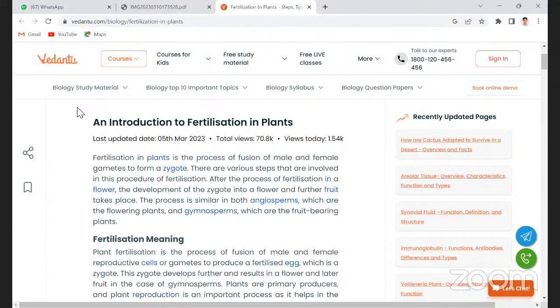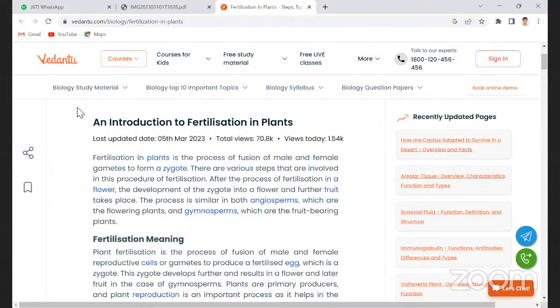Fertilization means the fusion of male and female gametes during sexual reproduction. What is the definition of fertilization?